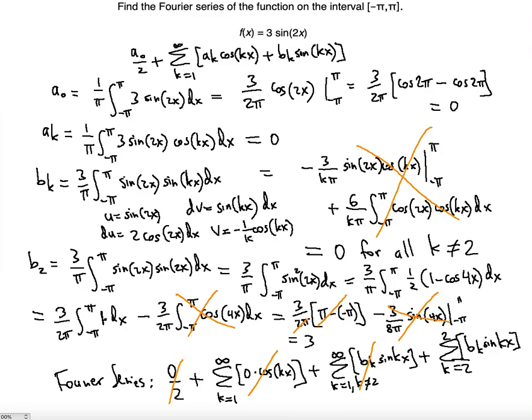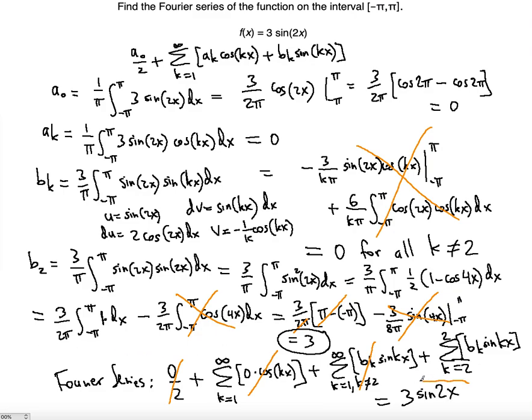And only this is non-zero. So this is what? What was b subscript k? B subscript k when k was equal to 2 was 3, right? So we get 3 multiplied by sine kx, and k is equal to 2, right? So sine 2x.